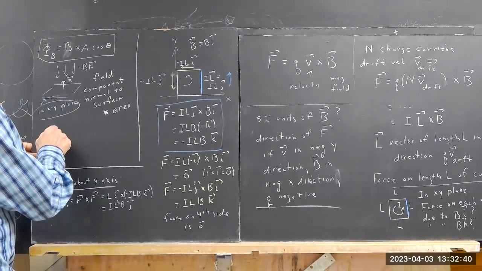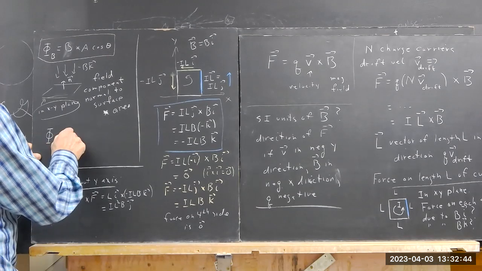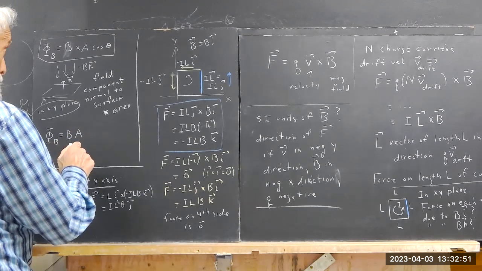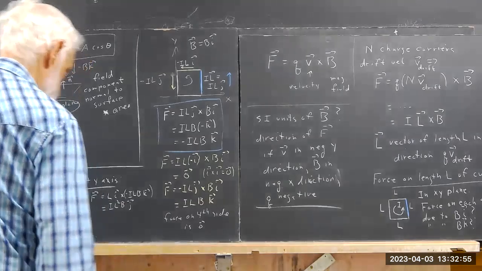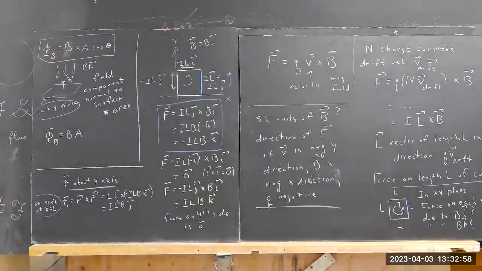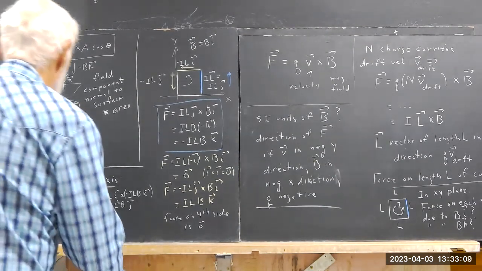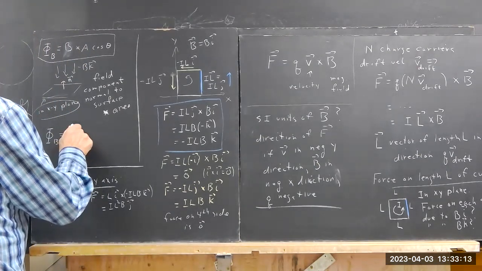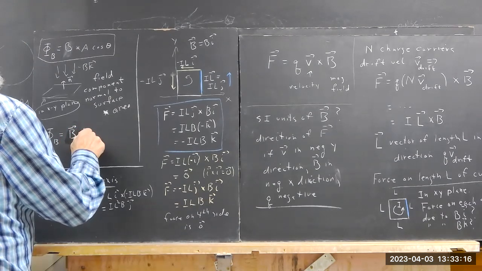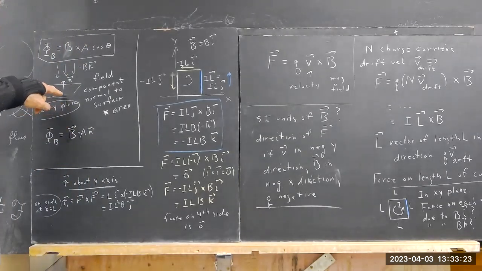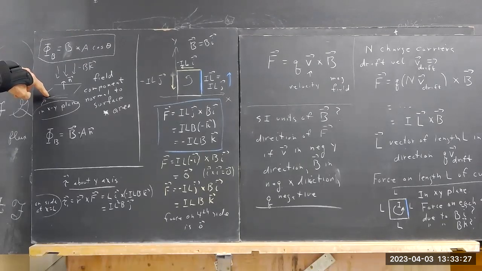We can write this as a vector equation. We regard this area as a vector, magnitude equal to the area, the vector being the normal.